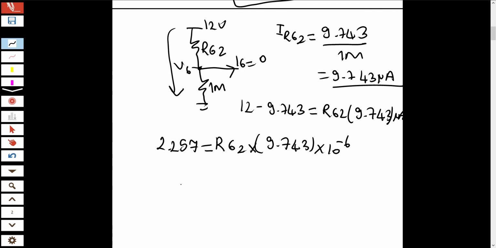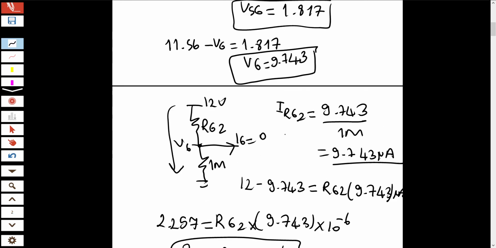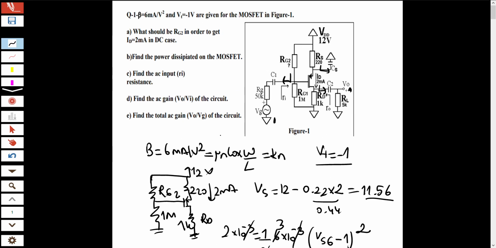Okay, so R gate 2 here, I have found 221.653K. Okay, we have found the value of R gate 2.